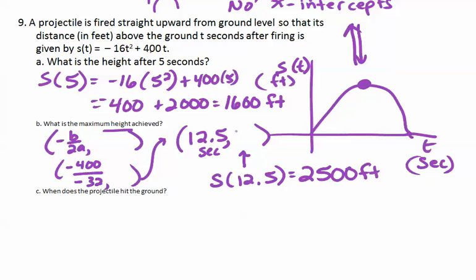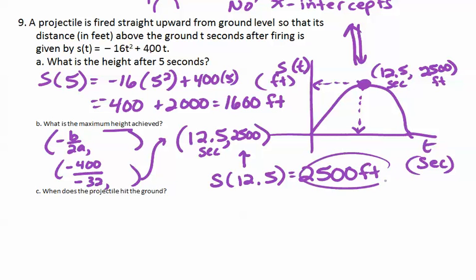So now I know that's the y-coordinate of the vertex. So remember, looking at your graph, always make sure you understand your coordinates. The time at which it reaches the maximum height is 12.5 seconds, but the actual maximum height is the y-coordinate. So keep in mind this is in seconds and this is in feet.